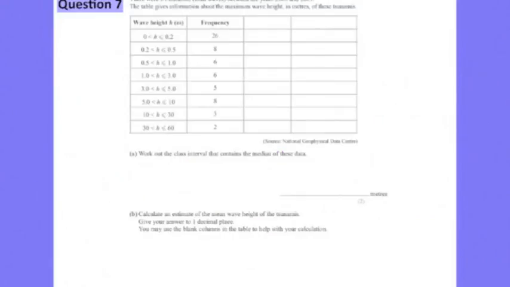Question number 6. There were 64 tsunamis, which are tidal waves, between the years 2000 and 2009. The table gives information about the maximum wave heights in meters of the tsunamis. We're asked to work out which class interval contains the median. How many? 64. Divide by 2 to find the median.